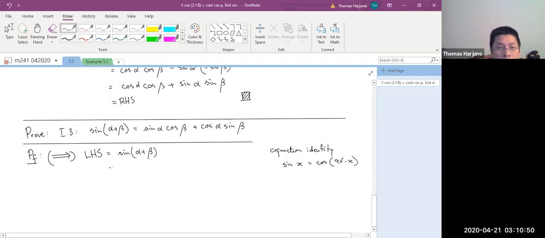Therefore, let's say this is my angle x here, then this becomes, using cofunction identity, as I remember, cofunction is basic identity group number 3, and that's the first one. So sine x equals cosine of 90 degrees minus x.